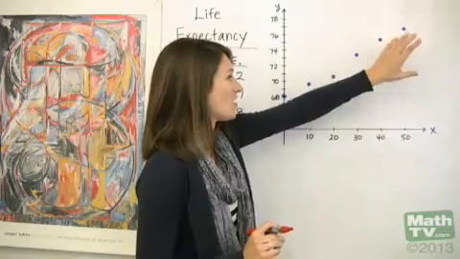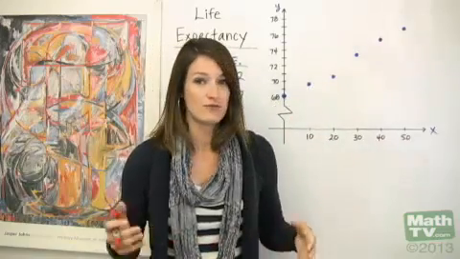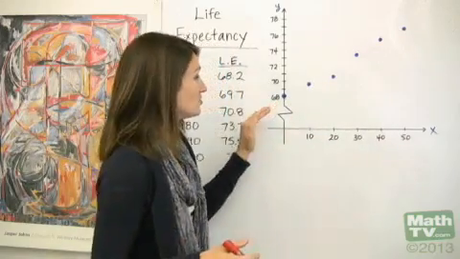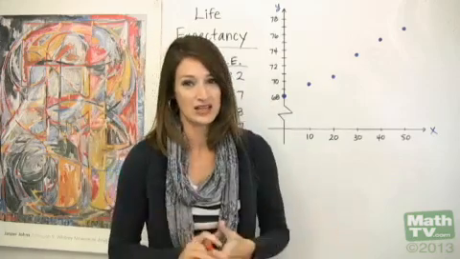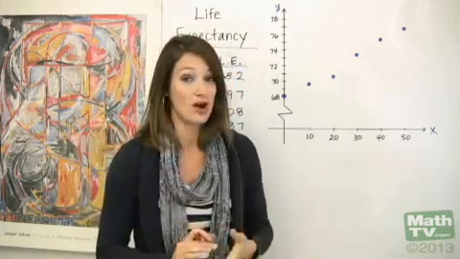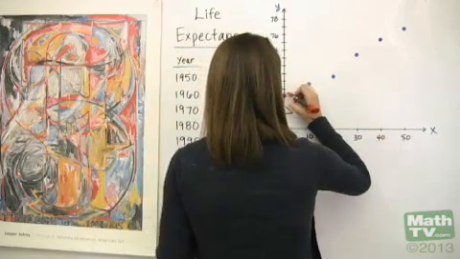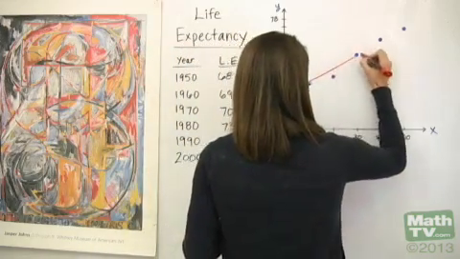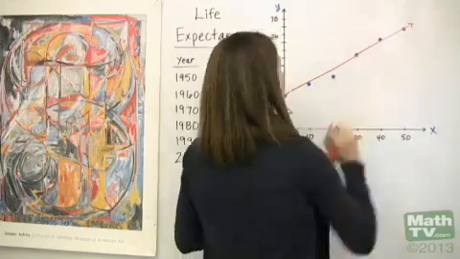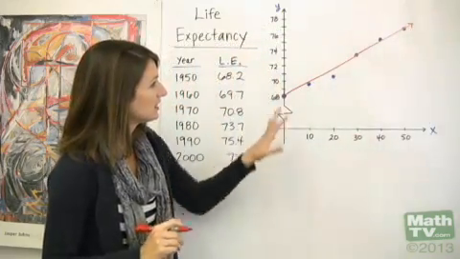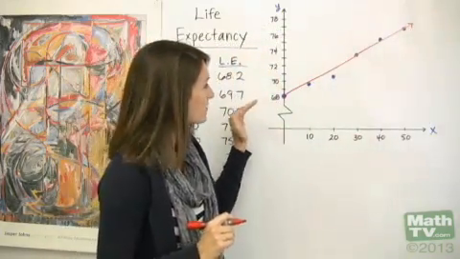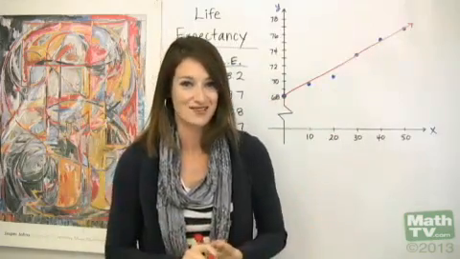So now looking at these points that we've plotted, you can see that they don't quite have a linear relationship. So we need to draw a regression line. So one possible line would look like this. So as you can see, we tried to get a line that was the best fit for this set of data.